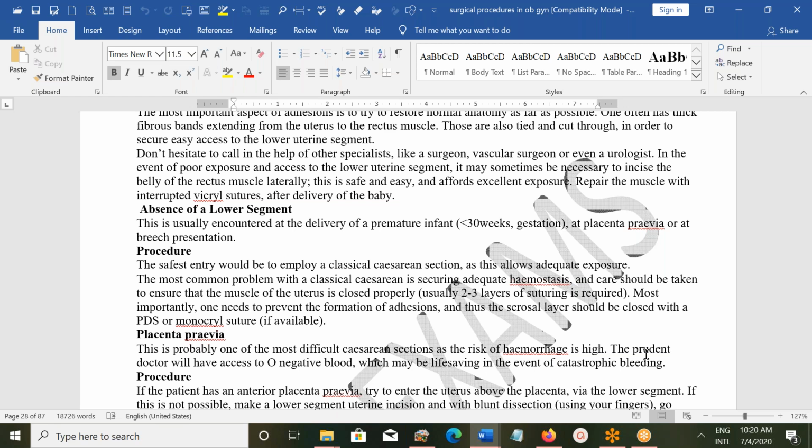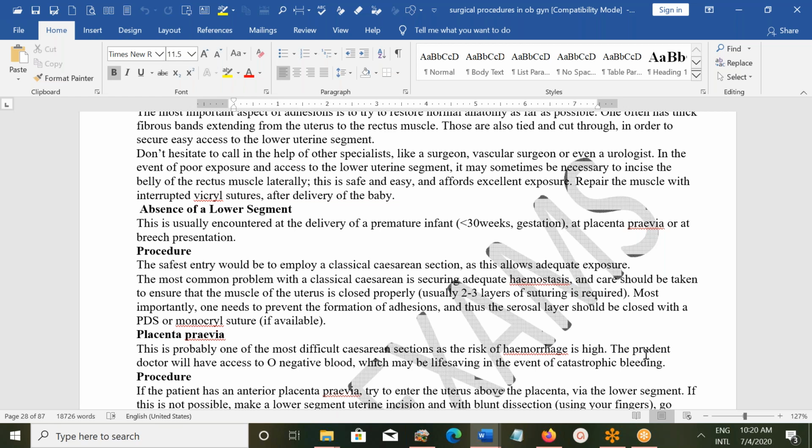The procedure is that the safest entry would be to employ a classical cesarean section. The benefit of classical cesarean section is that you will get good, adequate exposure. The most common problem with a classical cesarean section is securing adequate hemostasis, and care should be taken to ensure that the muscle of the uterus is closed properly.